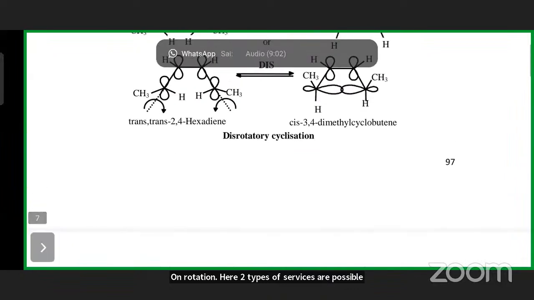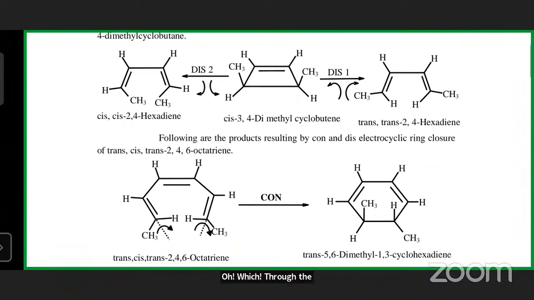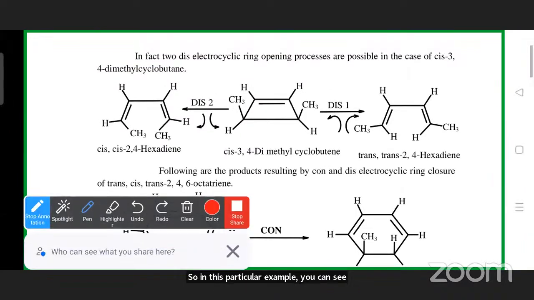By this we do the electrocyclization, and we will get the products. In this particular example, you can see the cis,cis-2,4-hexadiene. This particular compound is going to form this cyclobutene product.